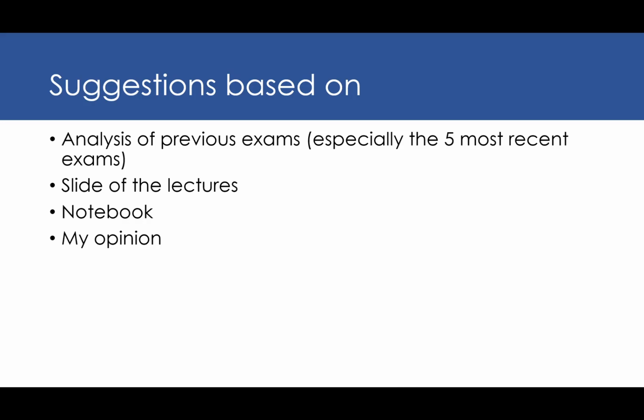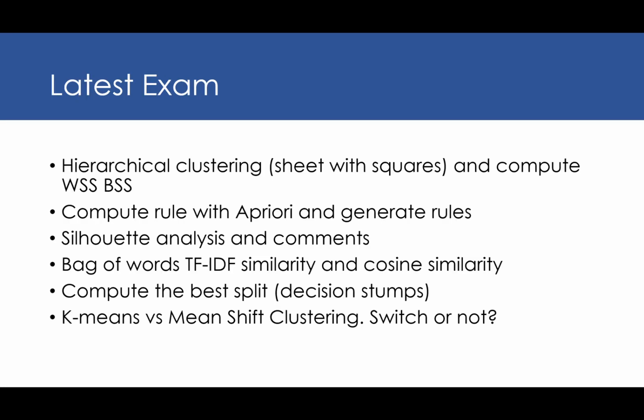Then my suggestions are based basically on the analysis of previous exams, especially the 5 most recent exams, also on the slides of the lectures, on the notebooks, and of course on my personal opinion. In the very latest exam, the first exercise was about hierarchical clustering and computing the 2 indexes.